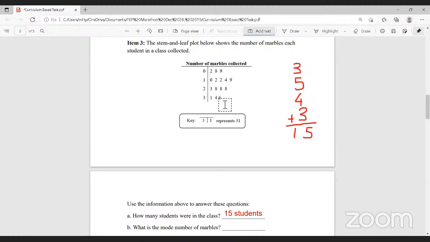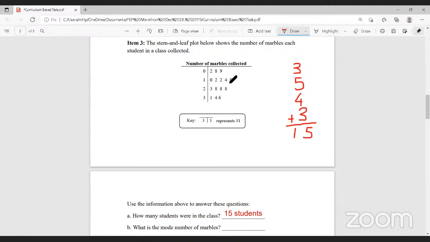So let's look in the ones place here to see if that can help us to determine. Because the tens positions, the numbers that are on the stem here, help us to see how many of the same number we can get. So we just need to focus mainly on the leaf with the ones position. So we have two twos here in the ones position in this row.